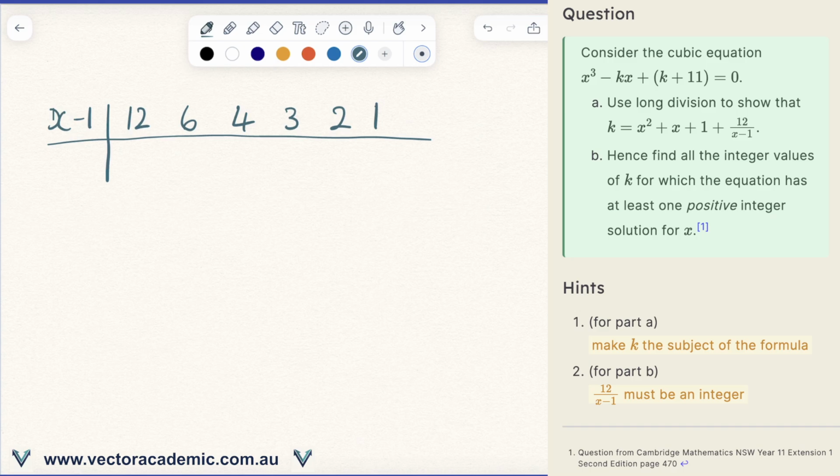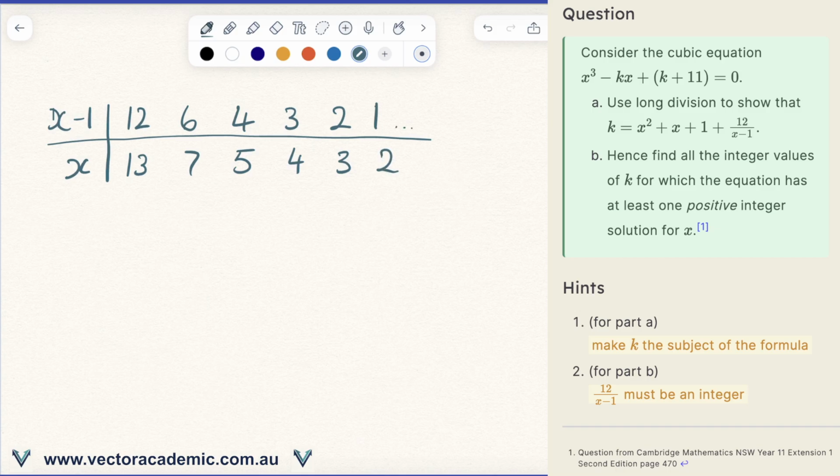So we can't have 0 because it's a denominator, and the minute x equals minus 1, x minus 1 would be negative. So we need to keep x positive. So here, let's work out the corresponding values for x. We have 13, 7, 5, 4, 3, and 2.